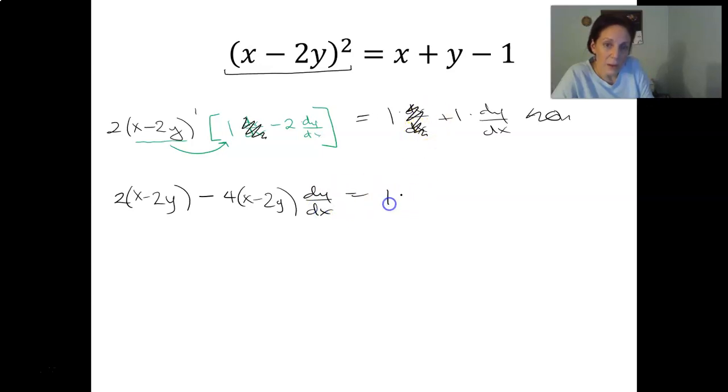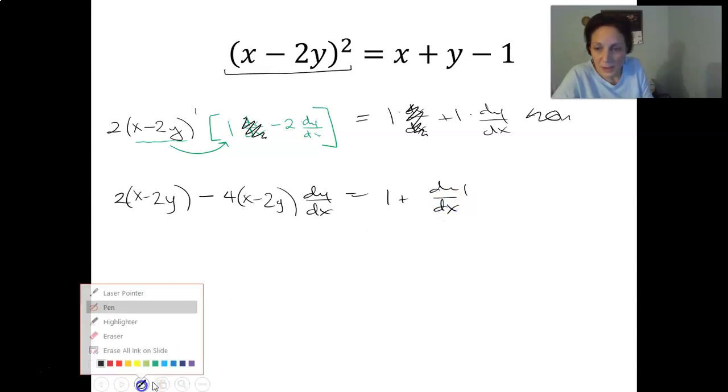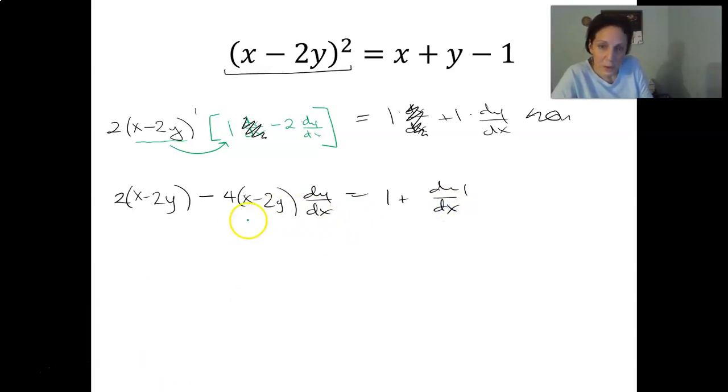Over here I have a 1 and a plus dy/dx. So again, I have 2 terms, one here and one here, that have dy/dx in them. Those I want on the left, and this guy and this guy that don't have dy/dx in them, I'm going to bring to the right. So if it's okay with you, I'm going to do 2 algebra steps in 1. I'm going to switch my terms to where they need to be.